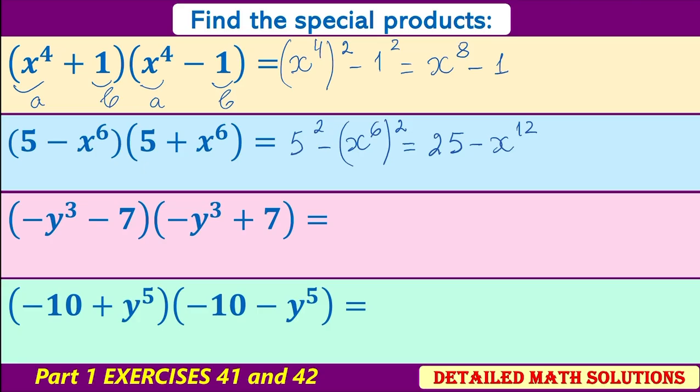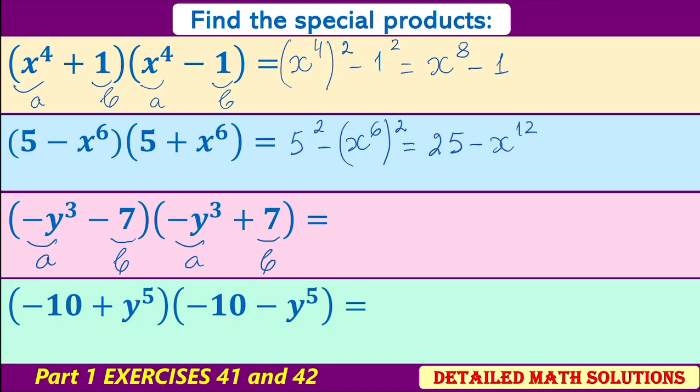Next exercise. Find the special product minus y to the third power minus 7 in parentheses multiplied by minus y to the third power plus 7 in parentheses. For this exercise, minus y to the third power will correspond to the a in the formula, and 7 will correspond to the b in the formula.